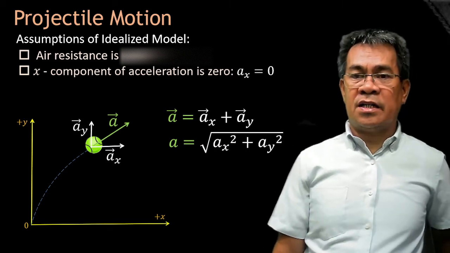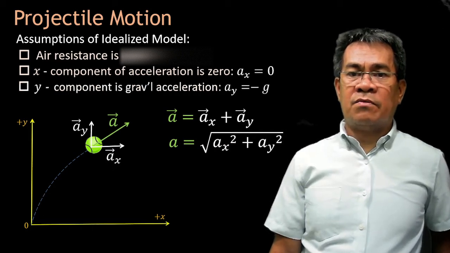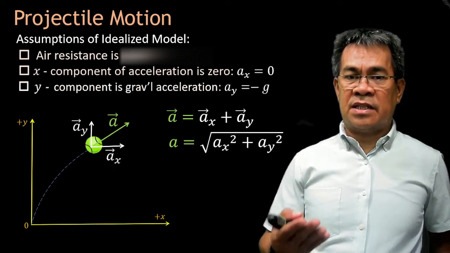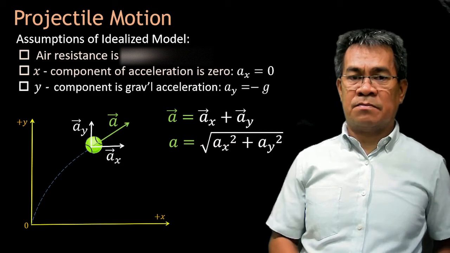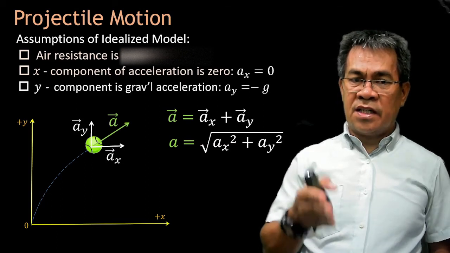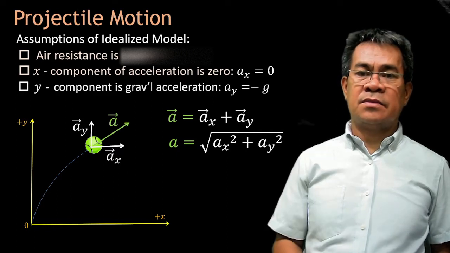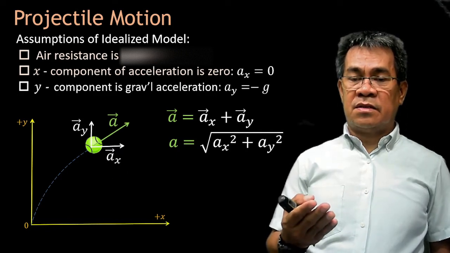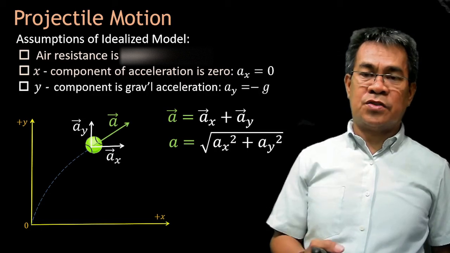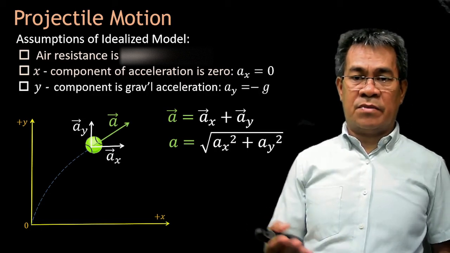While in the y component of the acceleration, it has a gravitational acceleration, and it is a negative g, or negative 9.81, because the earth delivers an acceleration due to gravity by that number.